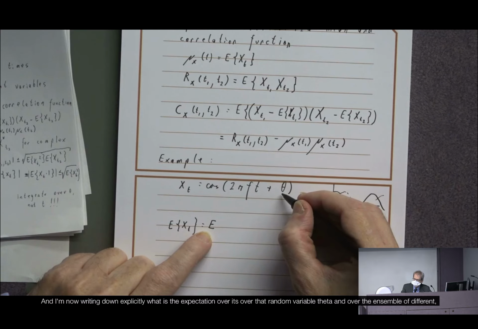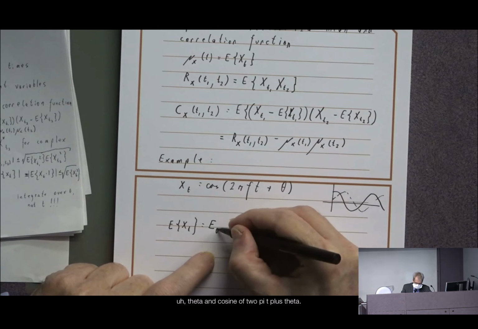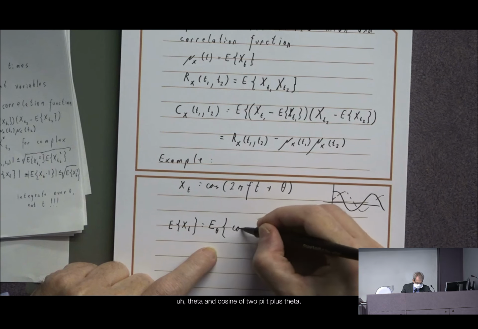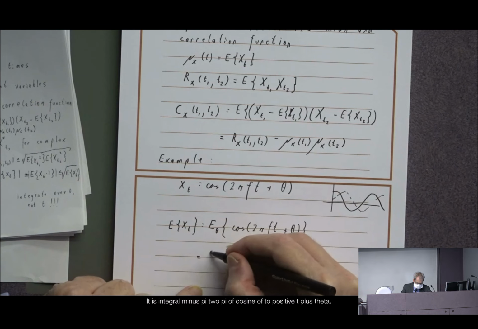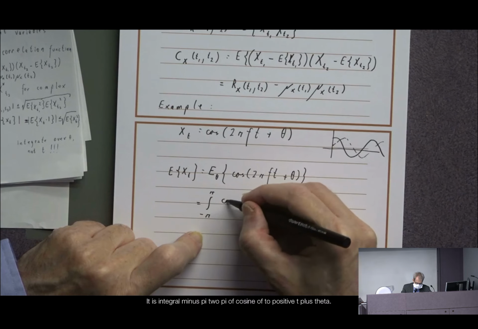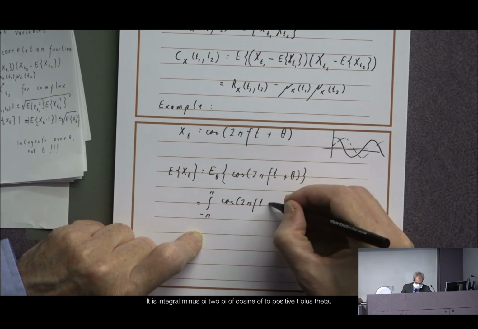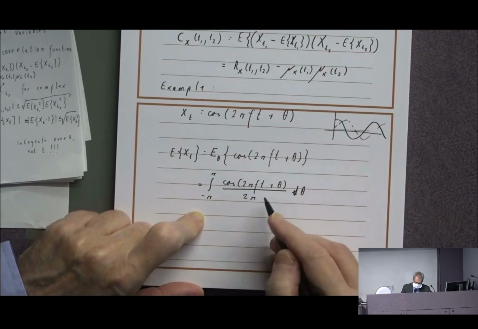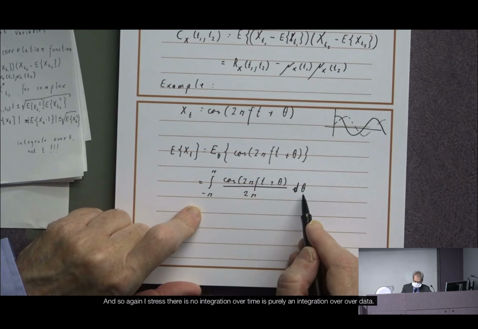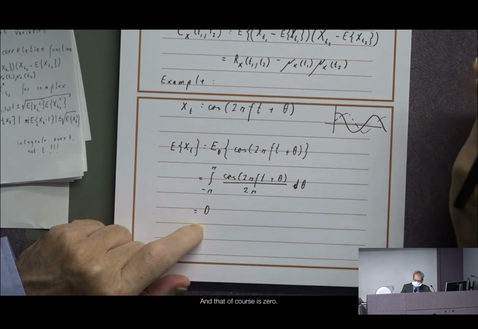It's over that random variable theta, over the ensemble of different theta, of cosine of 2 pi f t plus theta, which is the integral from minus pi to pi of cosine of 2 pi f t plus theta over 2 pi d theta. And so again, I stress there is no integration over time. There's purely an integration over theta, and that of course is 0.